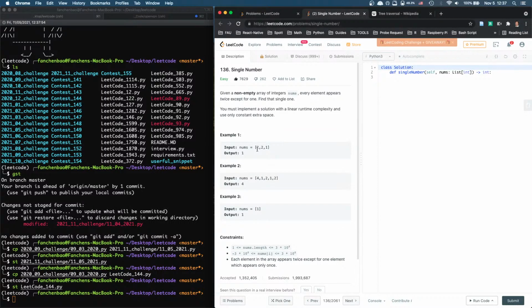I mean, how about we take the sum of everything, right? We take the sum of everything, and if it's an even number, let's say the sum is an even number, like here, it's 5, right? It's an even number, so we know that the singular value must be an odd value.